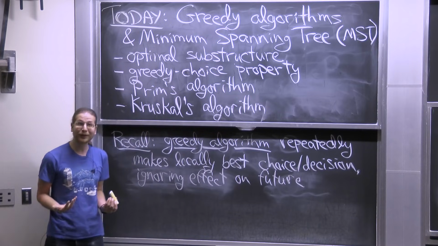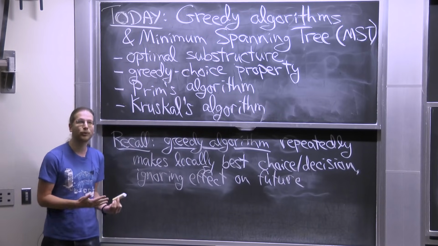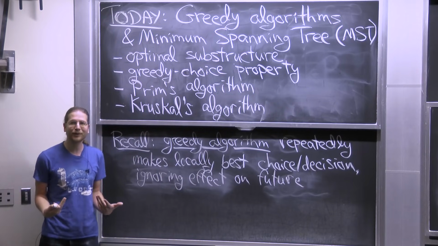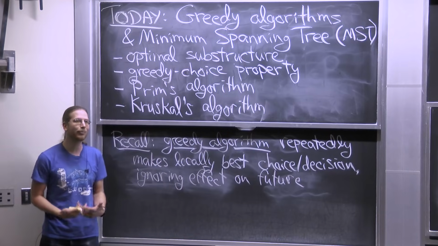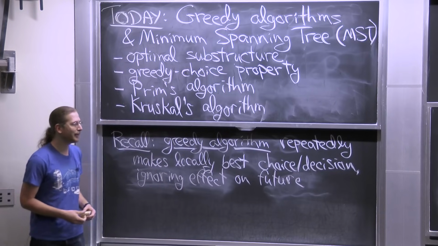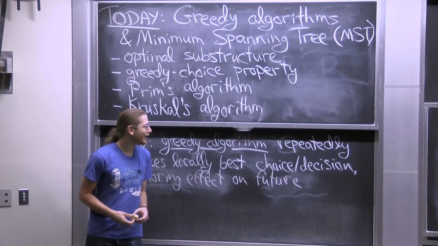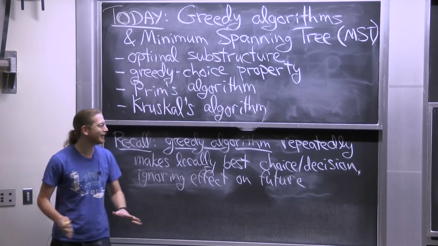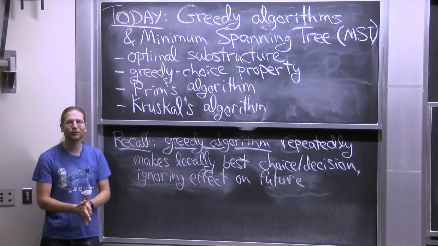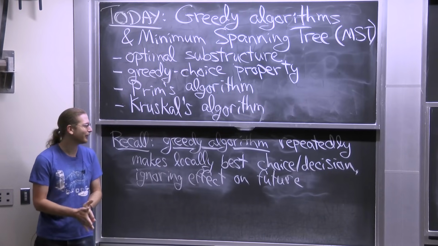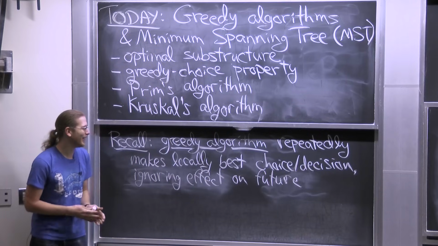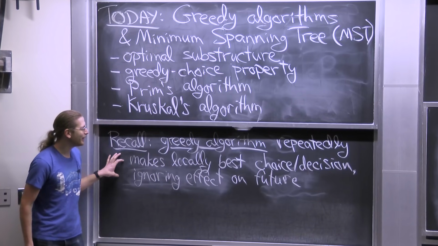And if you have a correct greedy algorithm, you prove that it won't screw you over. So it's sort of like Cookie Monster here. Always locally it seems like a good idea to eat another cookie, but maybe it'll bite you in the future. So today we will embrace our inner Cookie Monster and eat the largest cookie first, which would be the standard algorithm for Cookie Monster. I don't know if you learned that in Sesame Street, but all right.